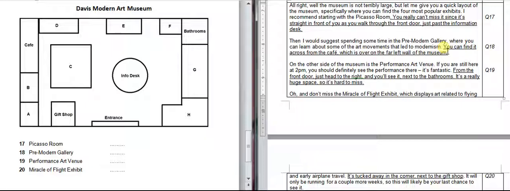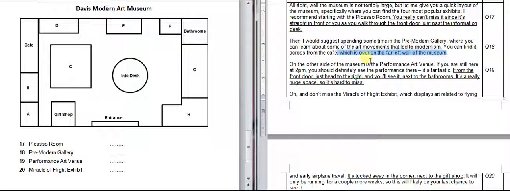You can find it across from the cafe, which is over on the far left wall of the museum. Now, this one can be a little tricky. Across from the cafe, so we can assume probably C, but then we hear on the far left wall of the museum. That makes me think B, right? But no, the cafe is on the far left wall of the museum.